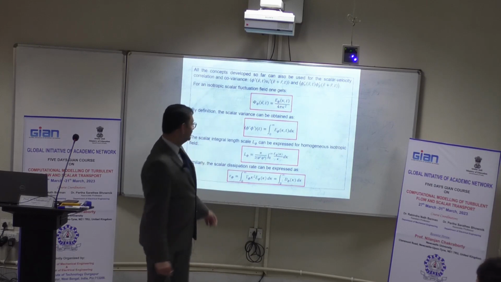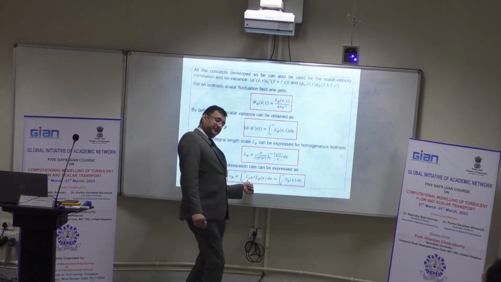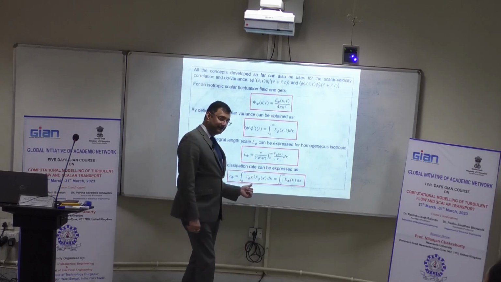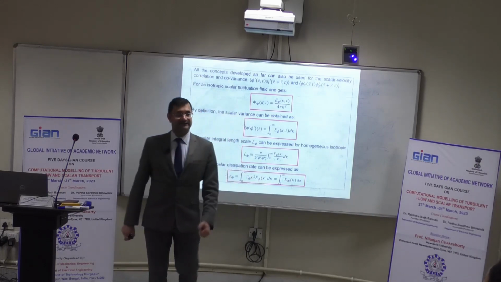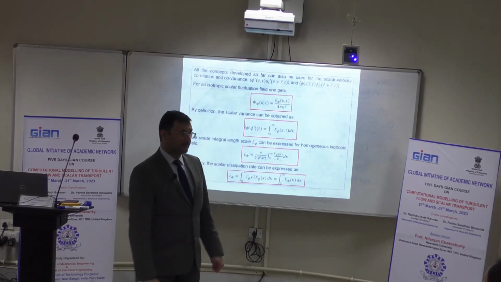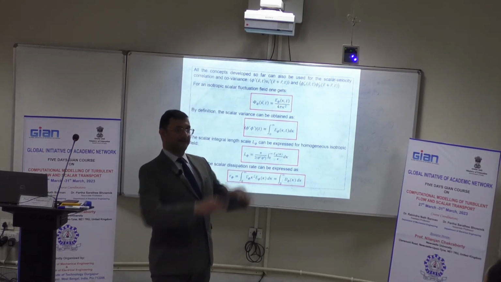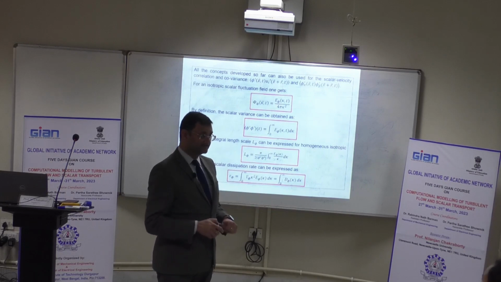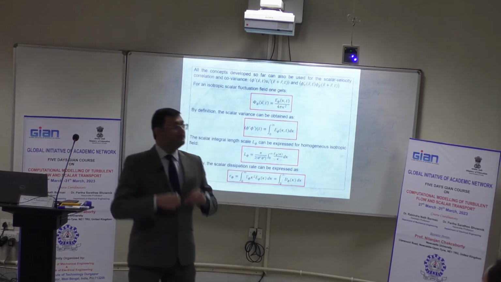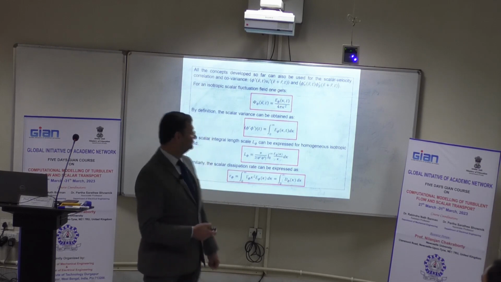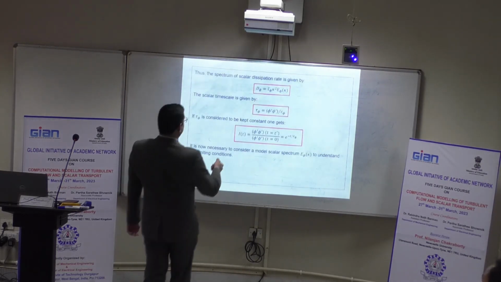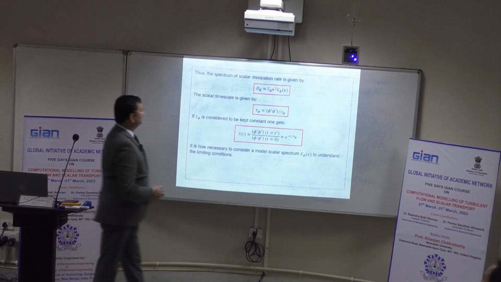Here, the only difference is that it is the mass diffusivity, the diffusivity of the scalar, and here it is the scalar spectrum rather than the turbulent kinetic energy spectrum. Concepts are identical, only they mean different things here. So that's basically the spectrum of scalar dissipation rate.